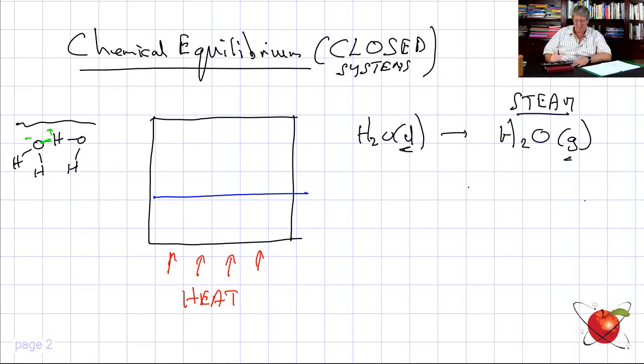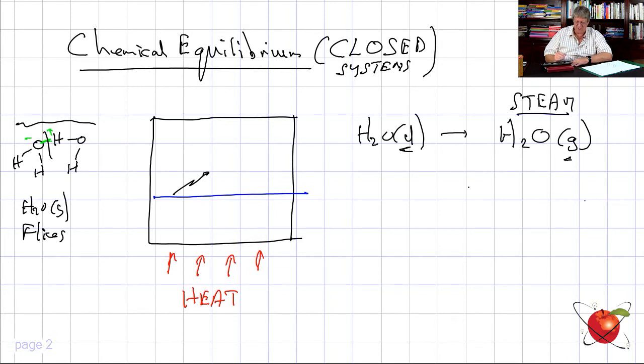Because what does it mean when this thing leaves there? It flies. So when this goes off there, we've broken that bond, and then my H2O gas, it means it flies.